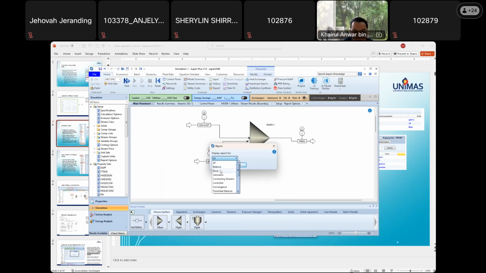So now it's for block. We only have the mixer here. But later on for your assignment, you need to report for all the simulation. So the properties is the same.